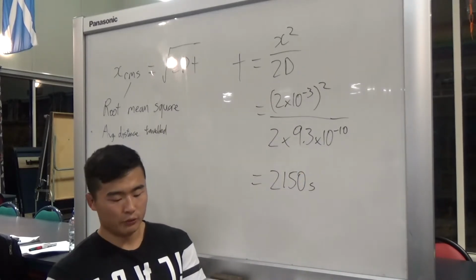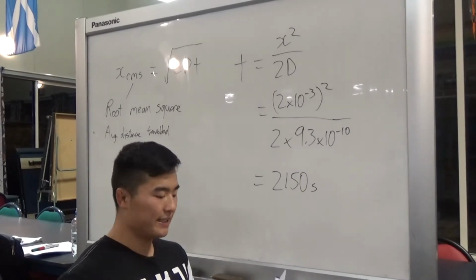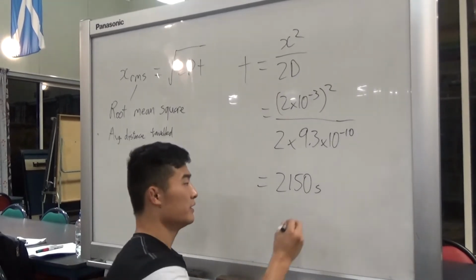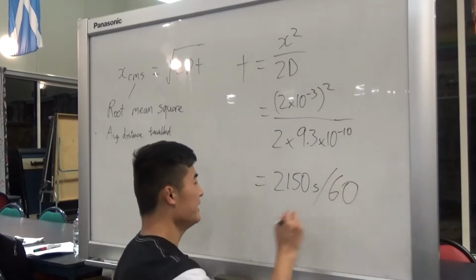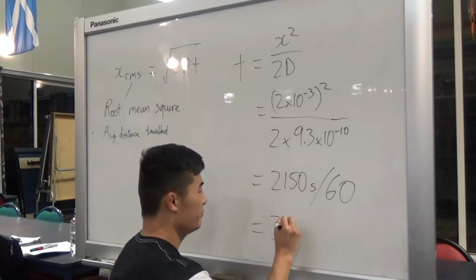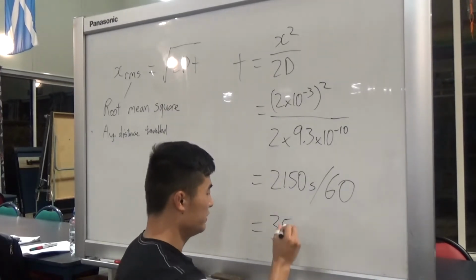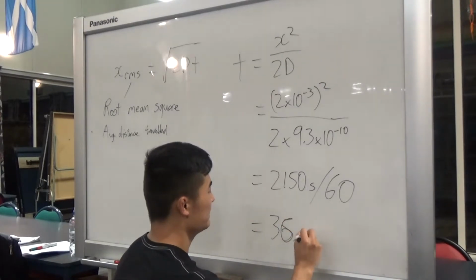Here you want your time to be in minutes, so you have to convert your answer from seconds into minutes. You're just going to divide that by 60. That will give you 35.84 minutes, which will just round to 36 minutes.